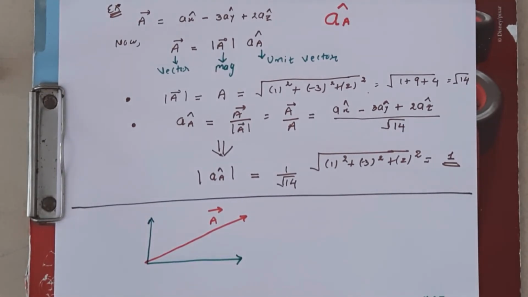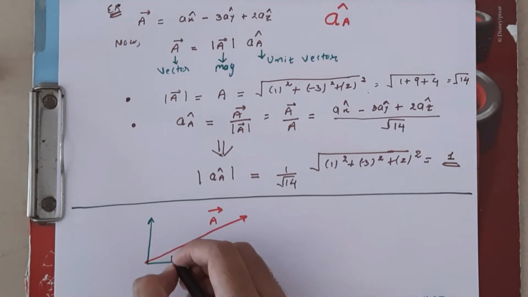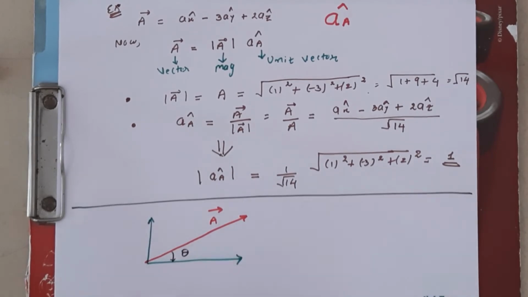Suppose this vector makes some angle with respect to this line, and this angle is theta. So this vector has two parts. First is the normal part, which is perpendicular, and second is the tangential part, or you can say vertical part and horizontal part.